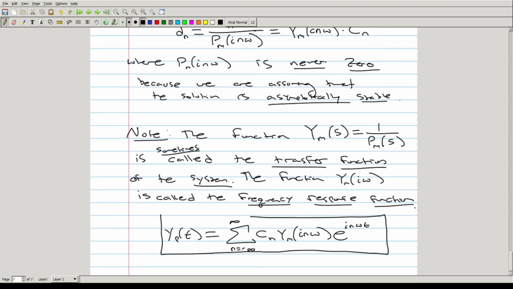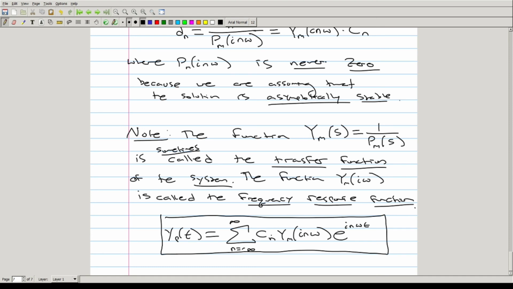So what this is saying is that directly, if we can go through and find the Fourier series of our forcing function, the right-hand side of the differential equation, we can go through and directly find the particular solution to this ODE system, which is very, very cool.